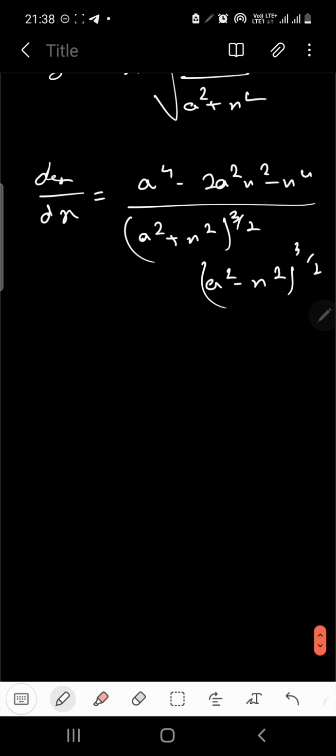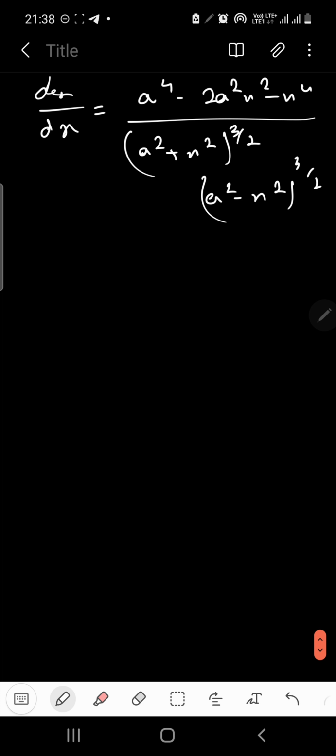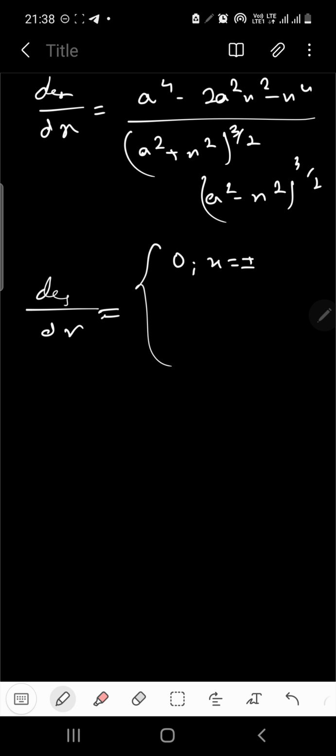And if you equate this to 0, what are you going to have? We are going to check all the possible inequalities of dy over dx, not just 0. So it is 0 when x equals plus minus root over of minus 1 plus root 2 times a.